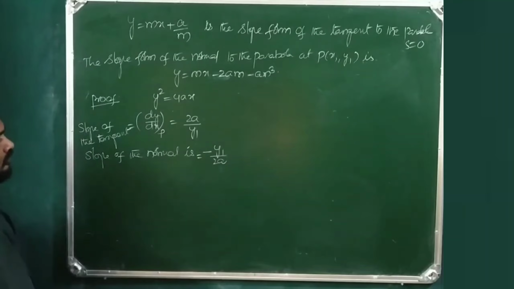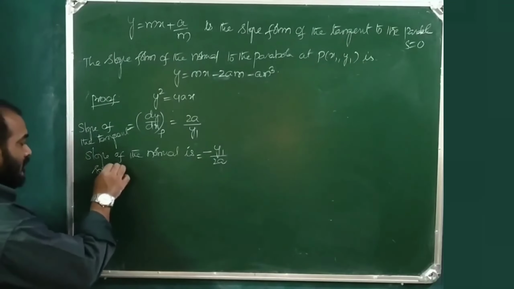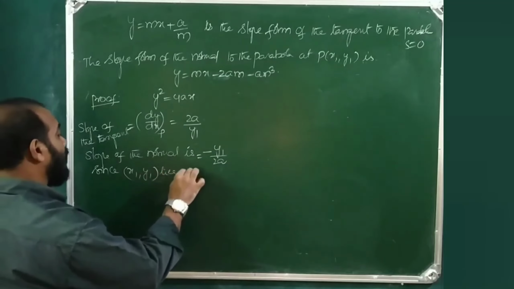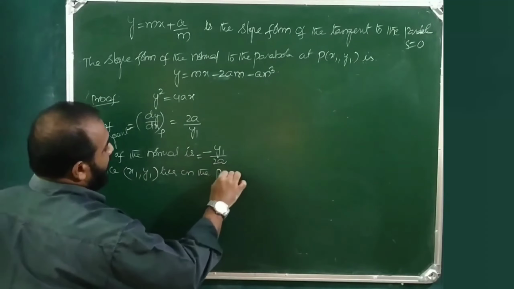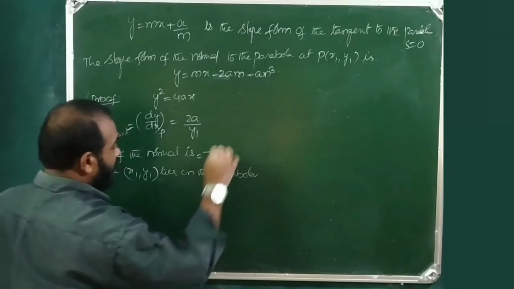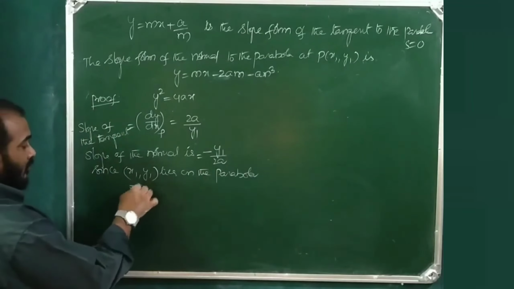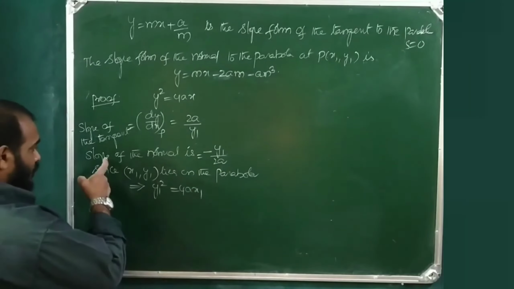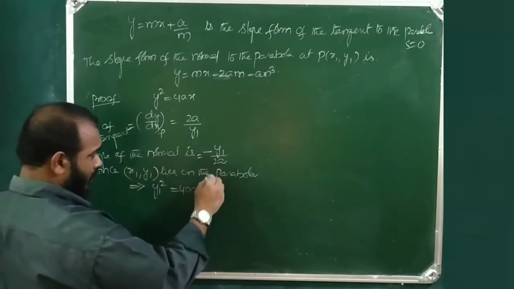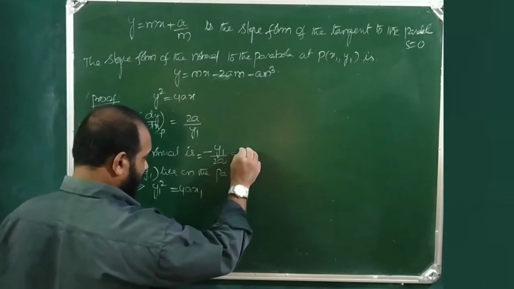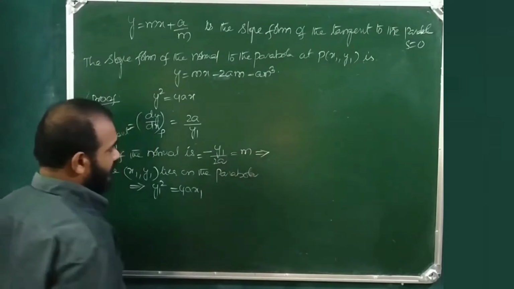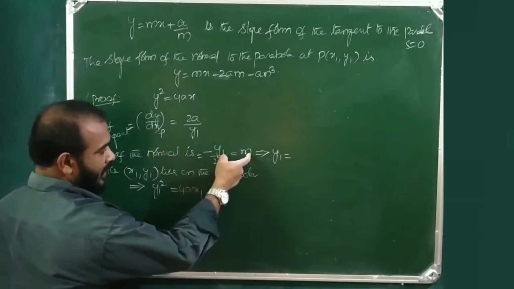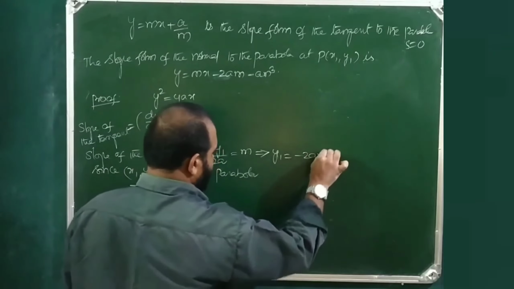So now, since (x1, y1) lies on the parabola, y1 square equals 4ax1. The slope of the normal is minus y1 by 2a, and this is equal to m. So from this, y1 equals minus 2am.